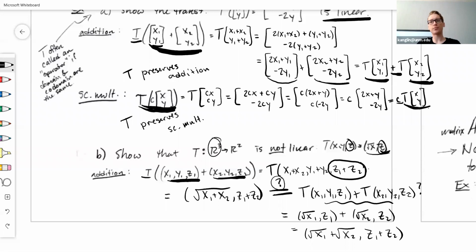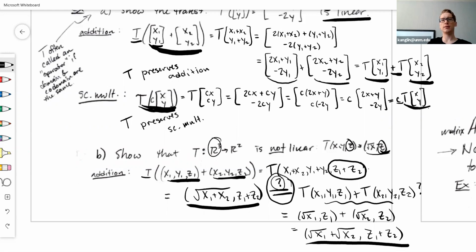Sorry about that. So then we're asking, is this equal to this? Well, the second components are fine, but certainly this sum of two roots is not the root of the sum, right? This square root operation is not a linear operation on its own.